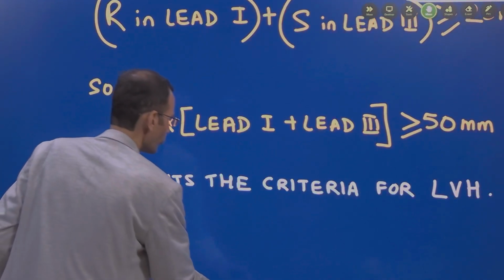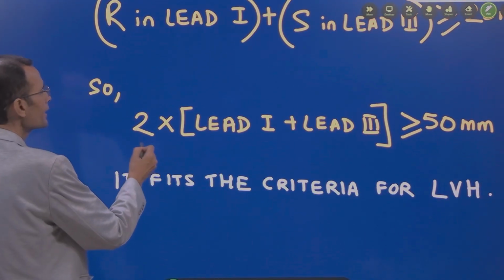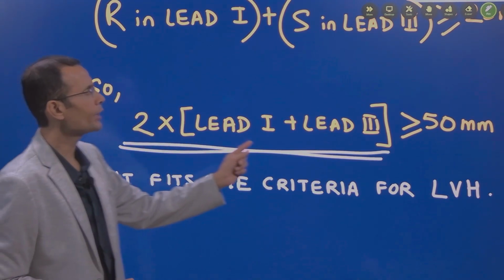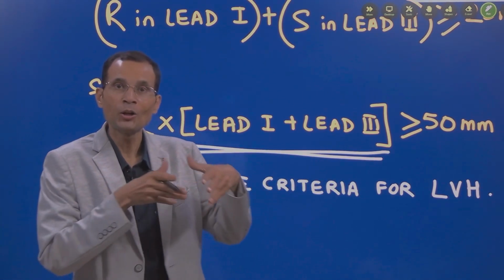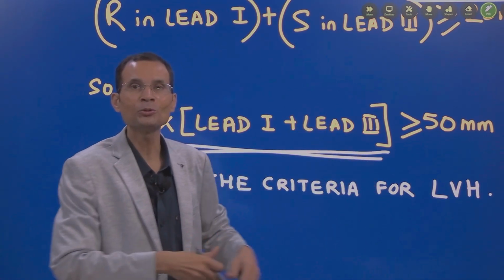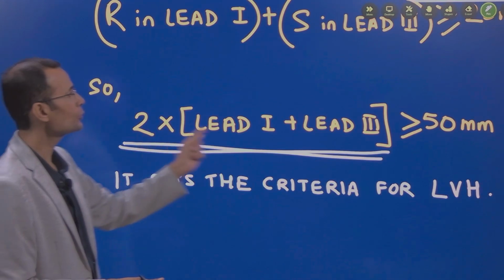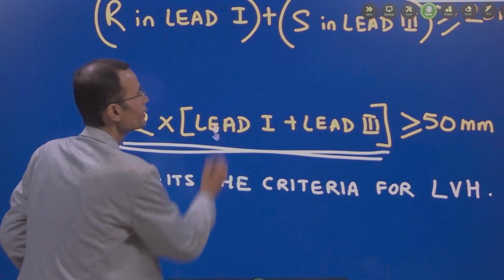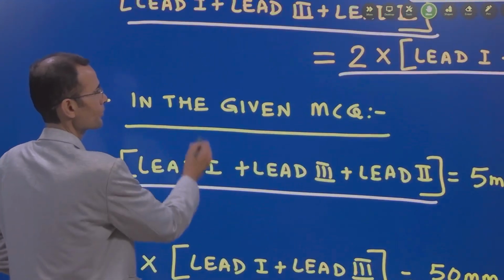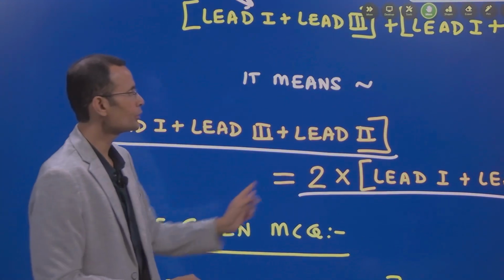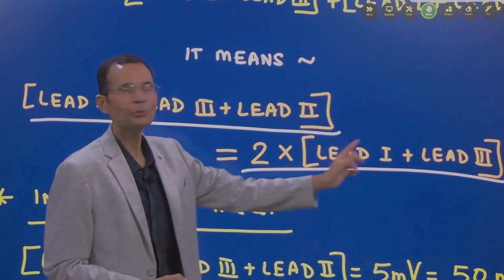Now remember what was the given data. You remember this? 2 into lead 1 plus lead 3 is same as lead 1 plus lead 3 plus lead 2. Lead 1 plus 3 plus 2 is same as 2 into lead 1 plus lead 3. We saw that here. Yes, this step, 1 plus 3 plus 2 is same as 2 into 1 plus 3.